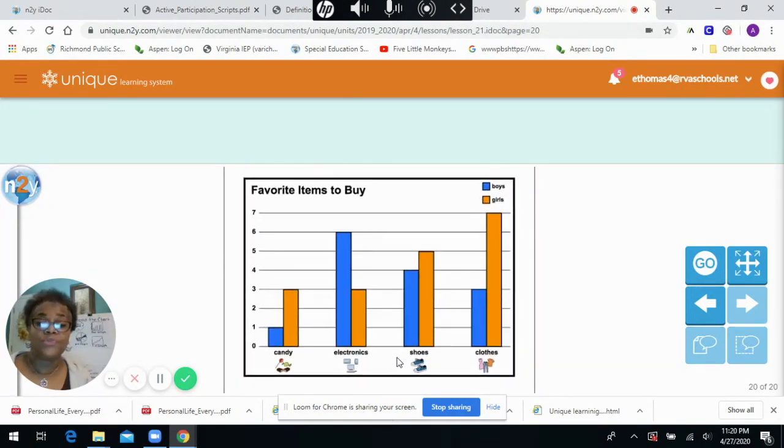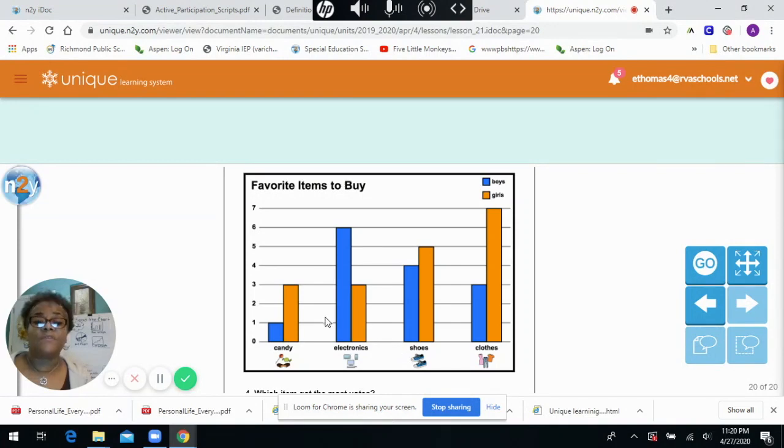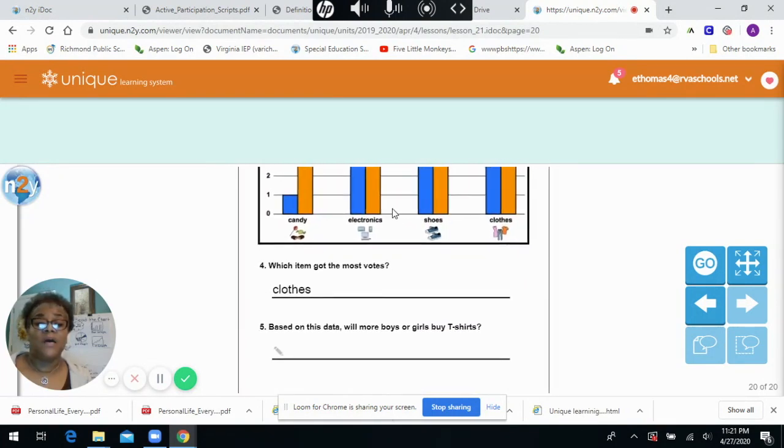So remember, when you see these charts, if it's a double bar chart, you have to count both groups. If it was a single bar chart, then you can just pretty much eye gauge or look at the numbers on the side and you will see which one's bigger, meaning more. Taller is more, shorter is less. All right, but double bar graph, you have to count both sides.